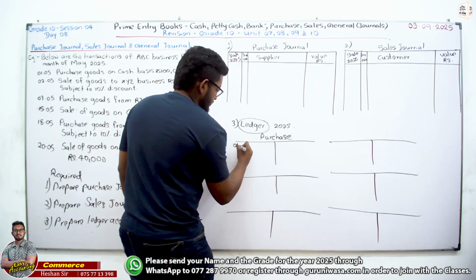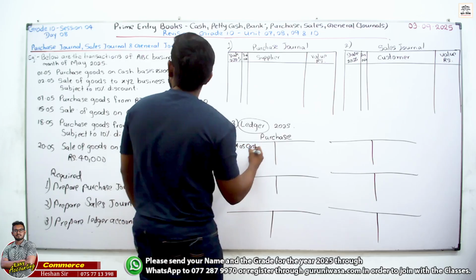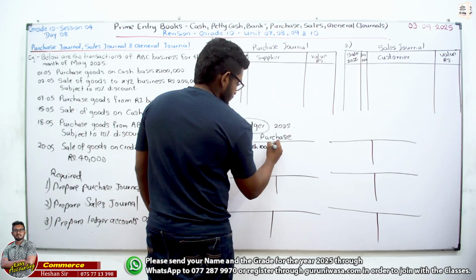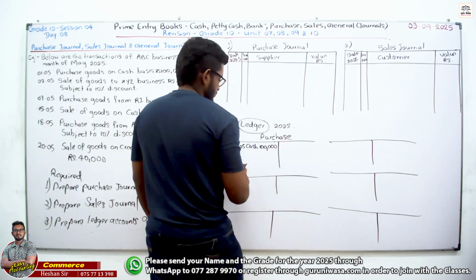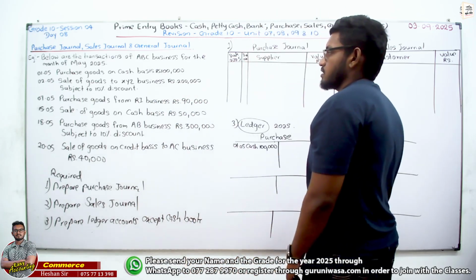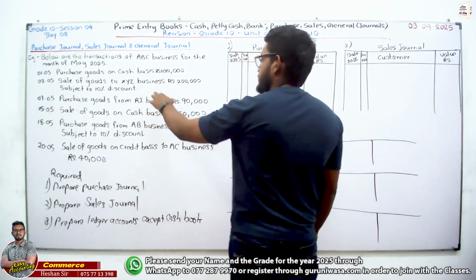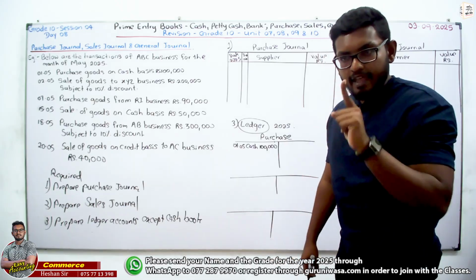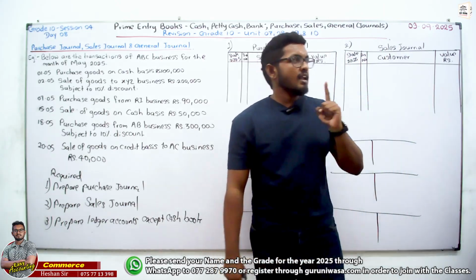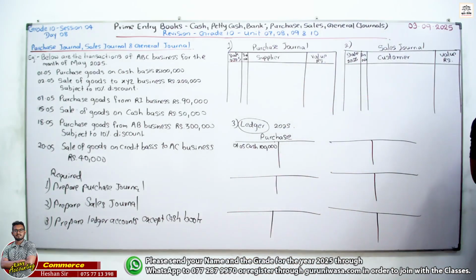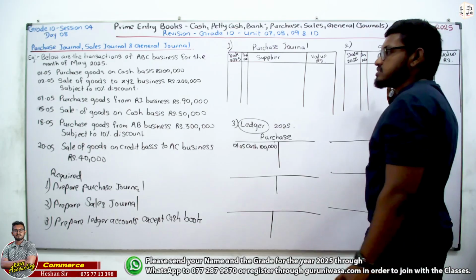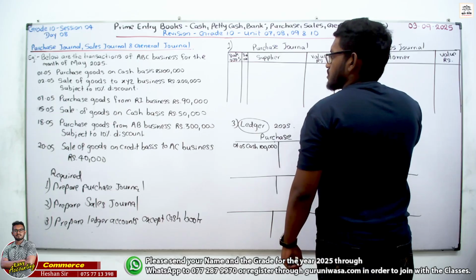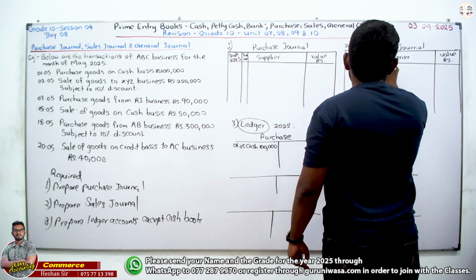1st of May, cash, it's 100,000. 2nd of May, sale of goods to XYZ business. If it is given to a name, that is a credit basis. Can you remember? If it doesn't say cash basis and a name is given, it is a credit basis transaction. So I go to the sales. 2nd of May, to XYZ business.